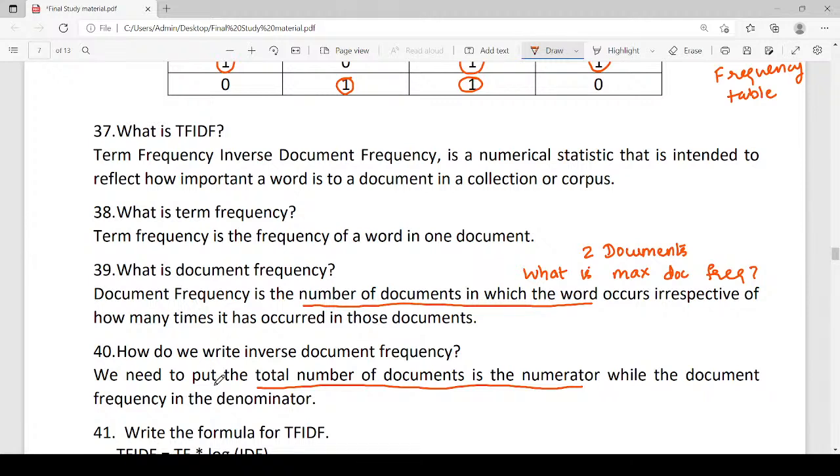Now tell me, what is the formula for writing the last table, TF-IDF? What is the formula for TF-IDF? Let me see who is giving the answer first. TF into log of IDF.